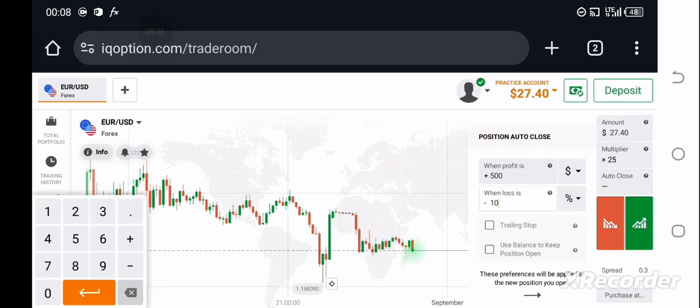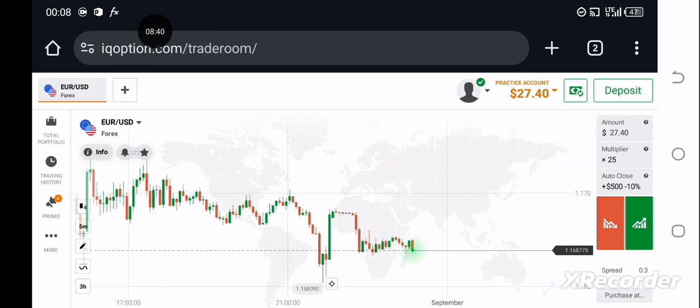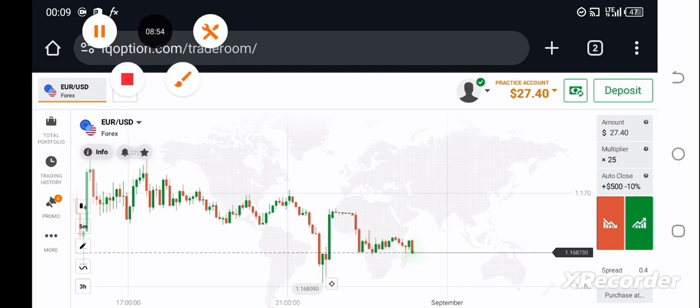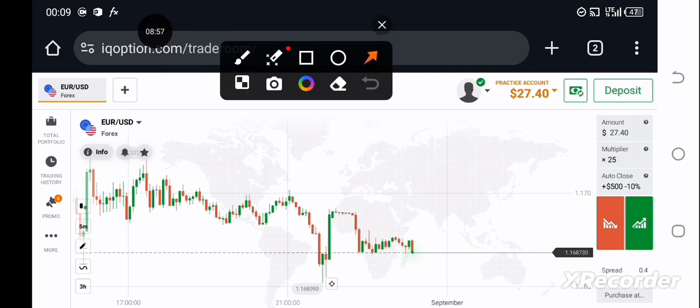Then remember what I told you about trailing stop loss. Trailing stop loss, or trailing your profit, is when, let's say you open a position at this particular area. I've already explained these things to you, I'm just going over them.